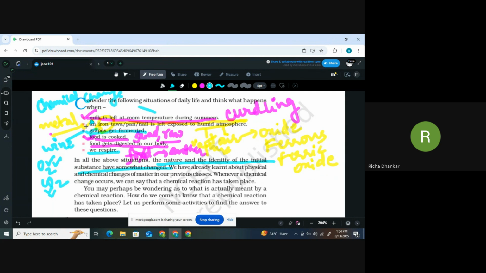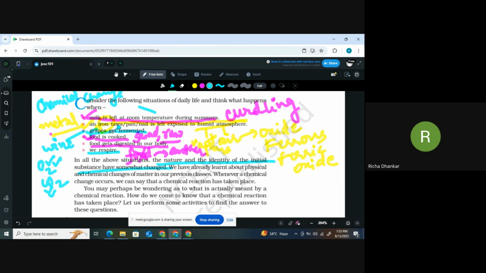Again, when we are talking about an iron tawa exposed to the atmosphere, the tawa will become black and it will never be the same color again because an oxide layer has formed. You might try removing that oxide layer with n number of activities and daily reels which you would have seen, but still the oxide layer will never be completely removed because it was a chemical change.